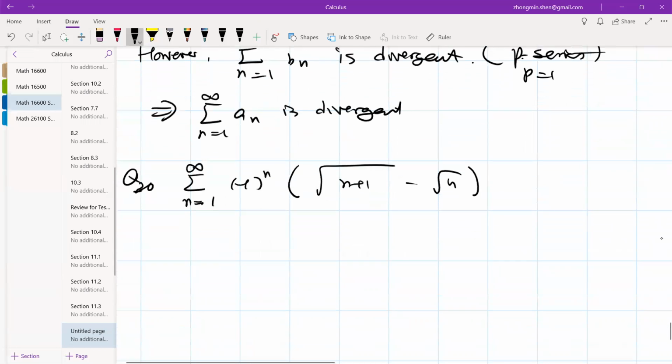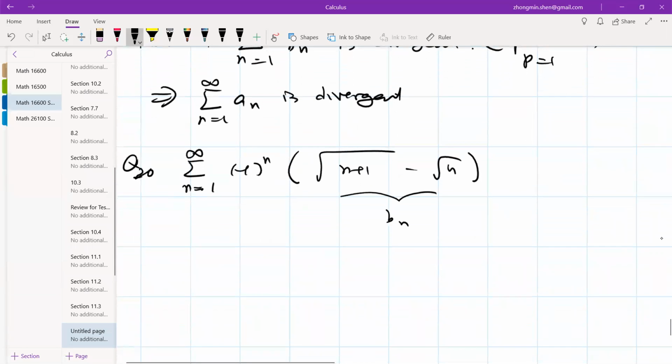All right, so this is a Bn. I want to see if Bn does not approach 0, then it's divergent. If Bn converges to 0, more likely it's going to be convergent, because most of the time it's decreasing. Okay, so Bn equals the square root of n plus 1 minus the square root of n, and how do you see it's converging to 0? It's a standard method.